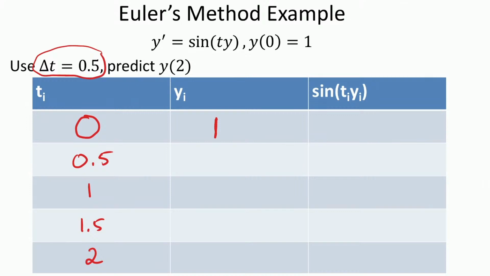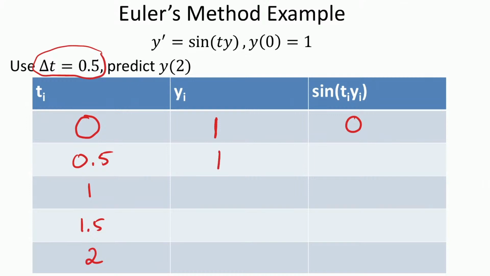And the rate at which it's changing is the sine of t times y. So you're taking the product of these, computing the sine, and you get the rate of change. Well, it turns out that the rate of change for this first one is easy. It's just 0. So if there is no predicted change for that particular step, then of course the next y is going to be just 1 as well.